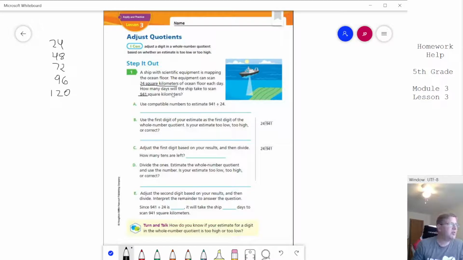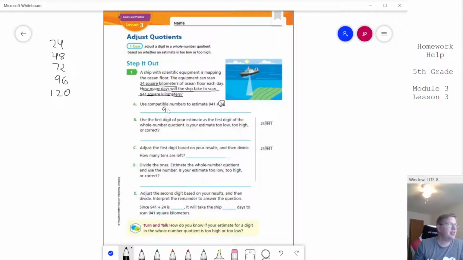For this, we actually have one more thing that we need to do, which is to use compatible numbers. So what I would normally do is tell them to round. In this case, with compatible numbers, we could change this to 25, which would be really easy to work with.